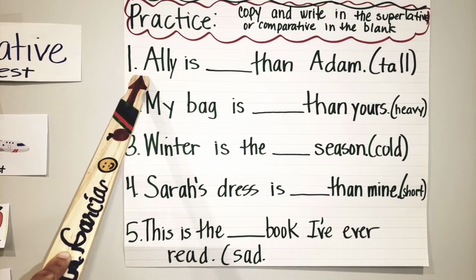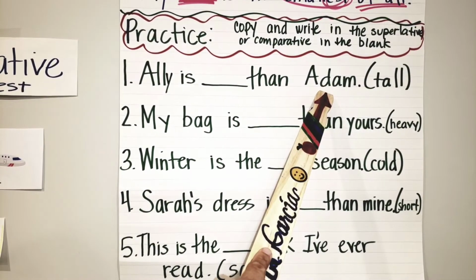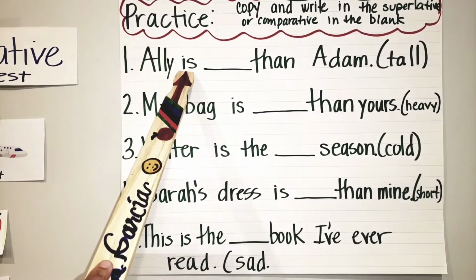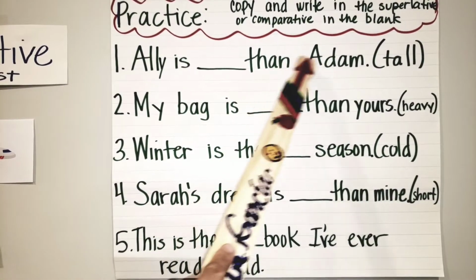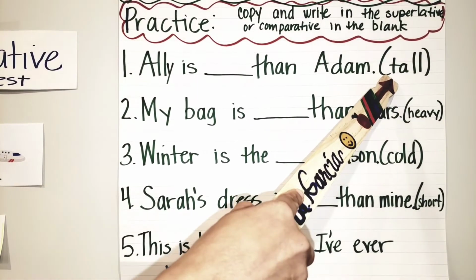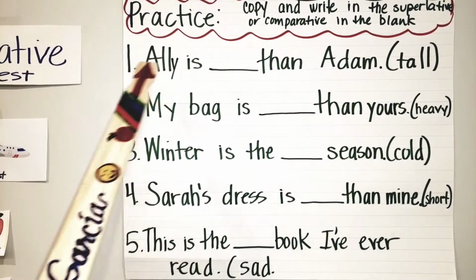Okay, let's read it silently first. Okay, let's read it together. Ready? Begin. Allie is blank than Adam. So the word is tall. Okay, the adjective is tall. Now let's go back.